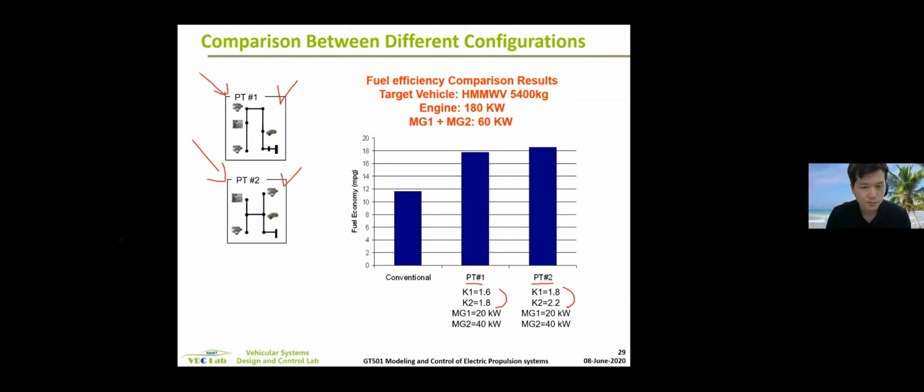So before 2010, people did this kind of comparison with a limited number of powertrains. Okay, so people would say, oh, this is a good architecture.